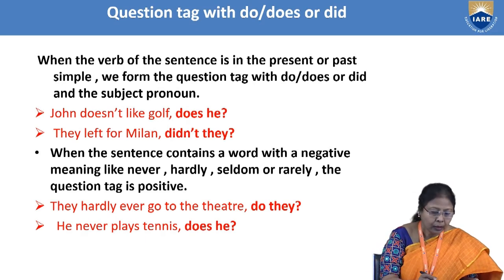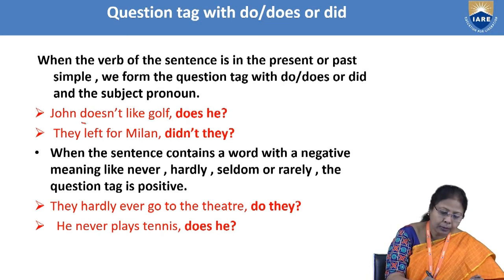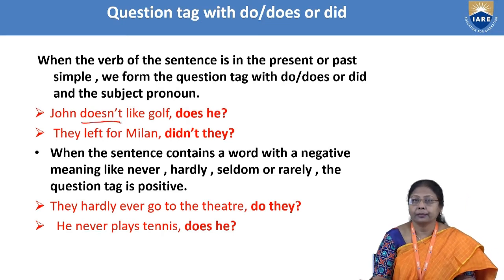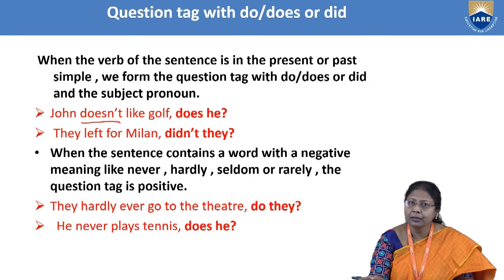Here you see, John doesn't like golf. Here, doesn't comes under simple present tense. Already, when we were done with the tenses, I explained to you what the V1, V2, V3 forms are.